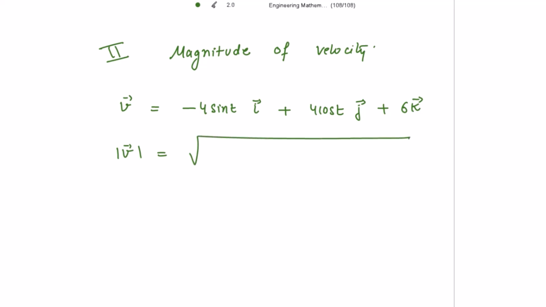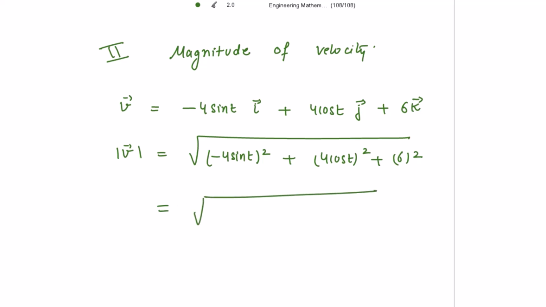It is the square root of the sum of the square of the first component, plus the square of the second component, plus the square of the third component.